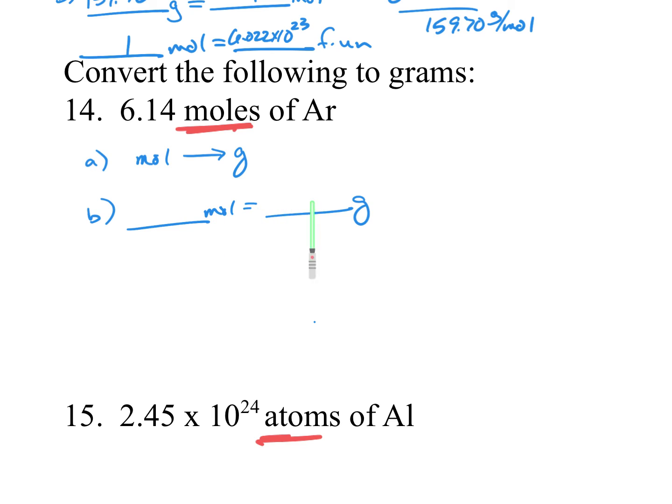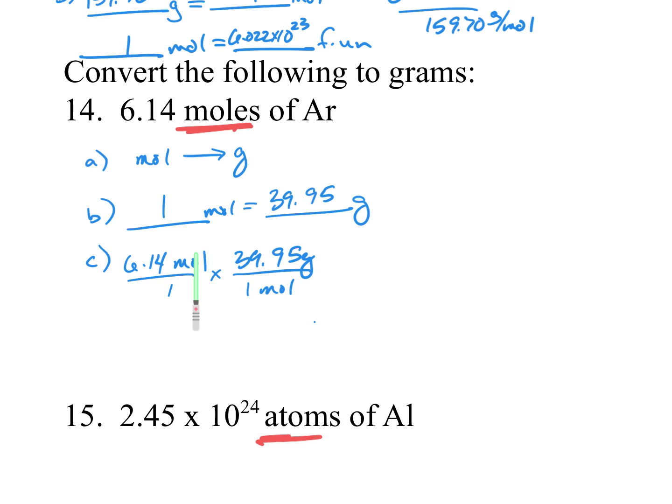Anytime you have this conversion factor, you need the periodic table. So 1 mole of argon is 39.95 grams. The third step of any dimensional analysis problem is to set up the multiplication so that the units cancel. So 6.14 moles is going to be multiplied by 39.95 grams.